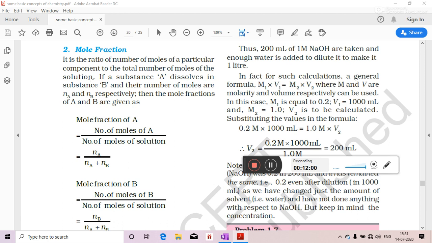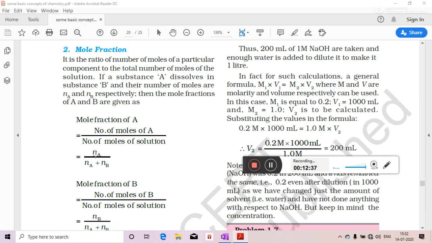If a substance A dissolves in substance B and their number of moles are Na and Nb respectively, then the mole fraction of A and B are given as, now mole fraction of A equal to, in the numerator we have to take number of moles of A, and in the denominator we have to take the number of moles of solution.